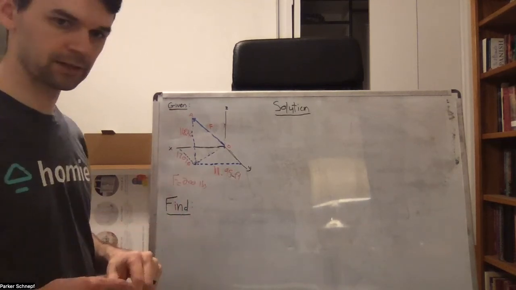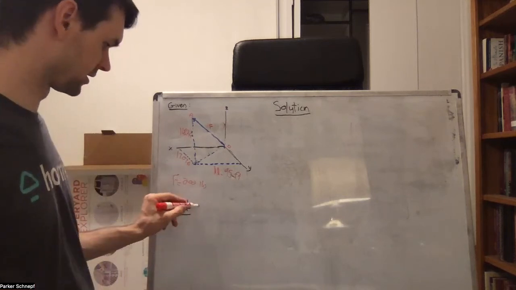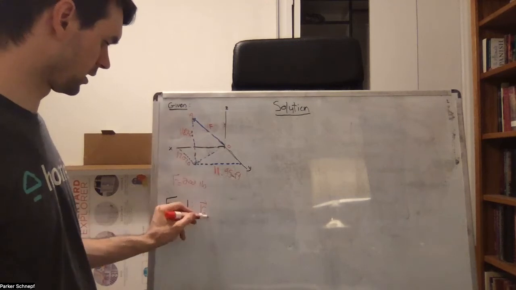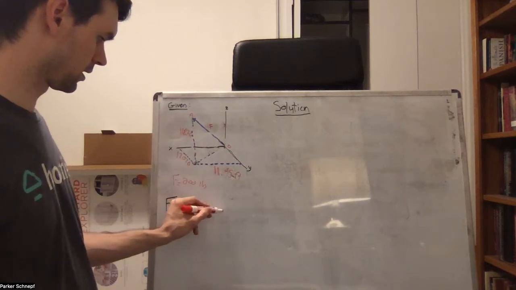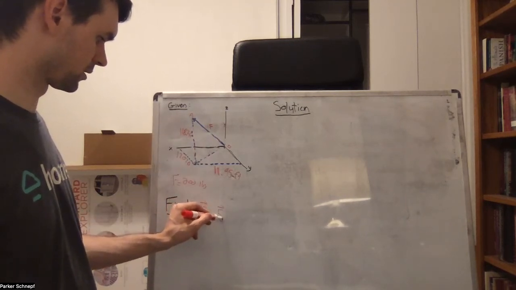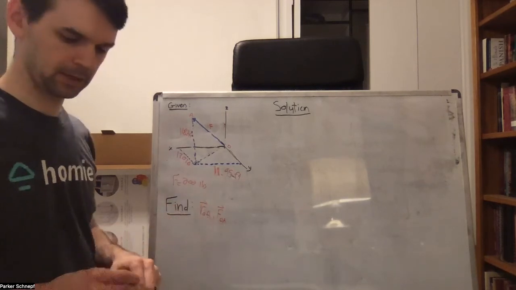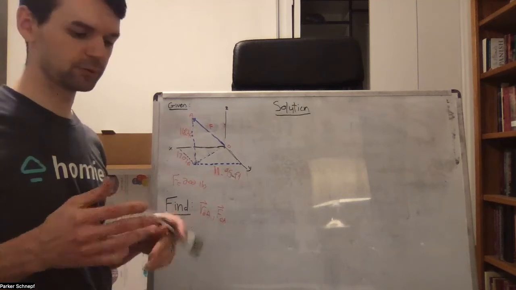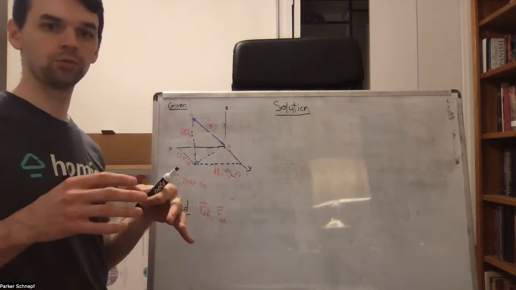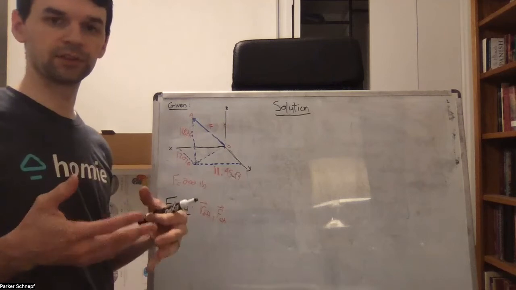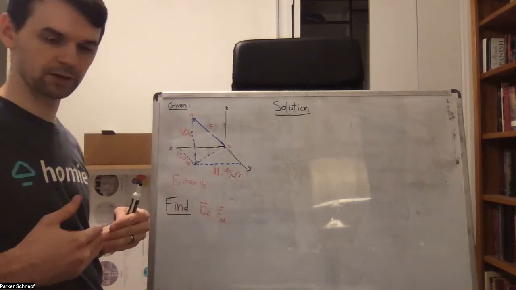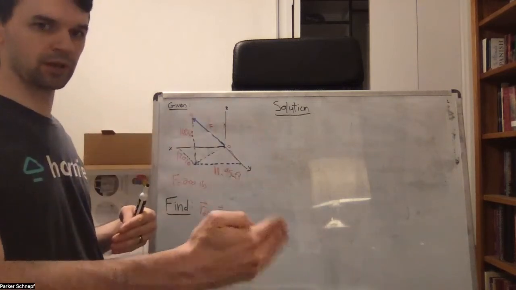And so what we're asked to find is the position vector from point O to point A and the force vector that's in that same direction. So in this problem, when you're dealing with position vectors, the way you come up with the position vector is you walk from the starting point of the vector towards the ending point of the vector.